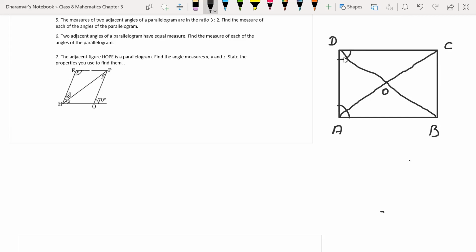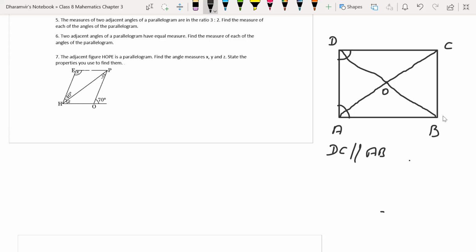Hence, we can state that DC is parallel to AB, and with the transversal, angle A and D are interior angles.